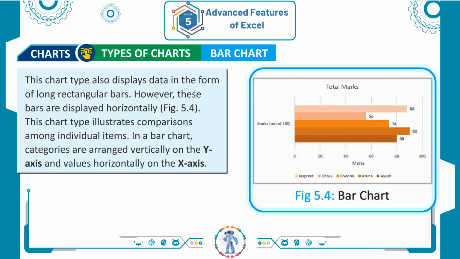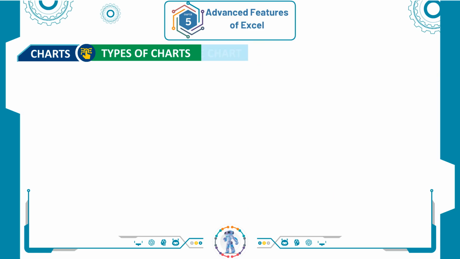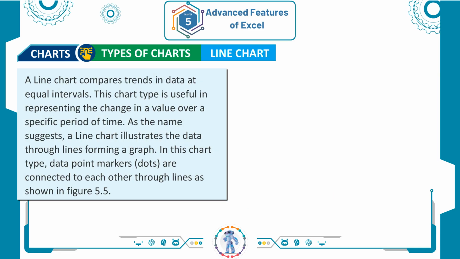Bar chart. This chart type also displays data in the form of long rectangular bars. However, these bars are displayed horizontally. Fig. 5.4. This chart type illustrates comparisons among individual items. In a bar chart, categories are arranged vertically on the y-axis and values horizontally on the x-axis. Line chart.